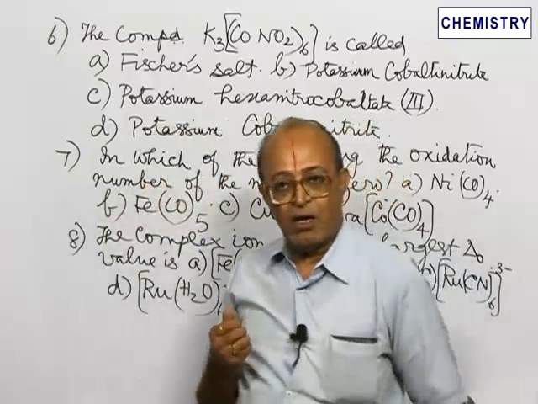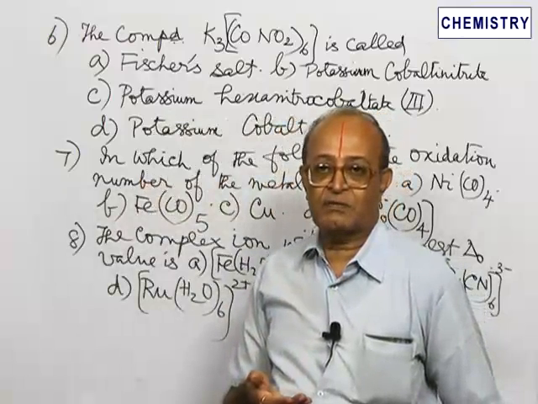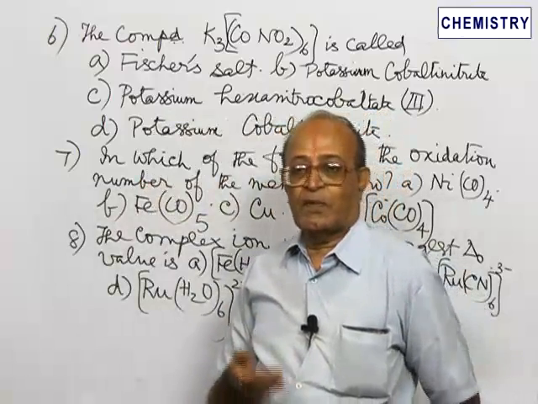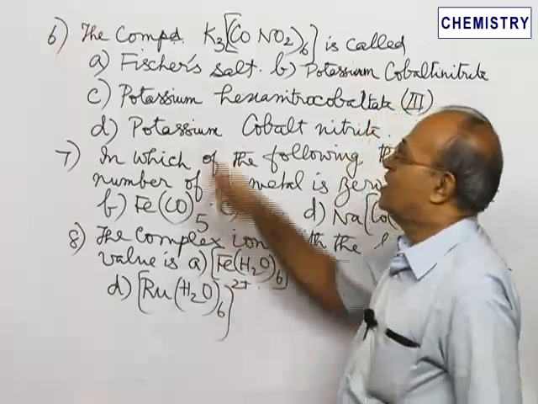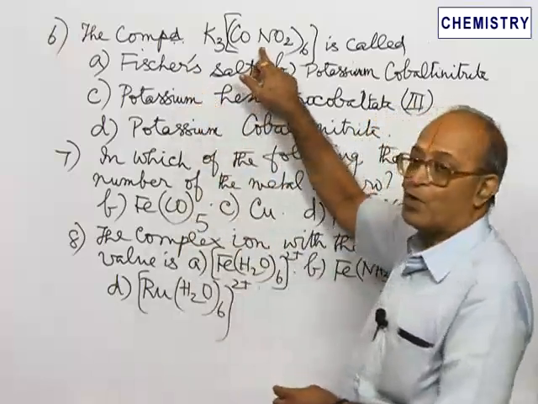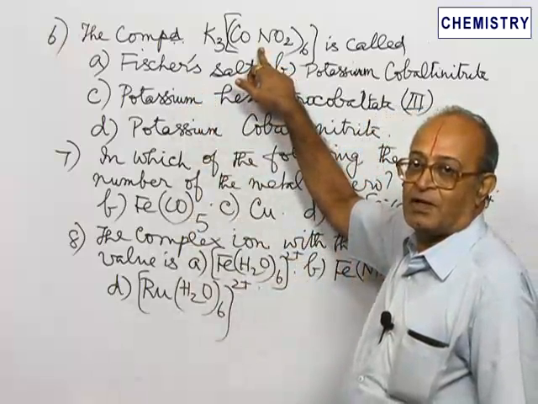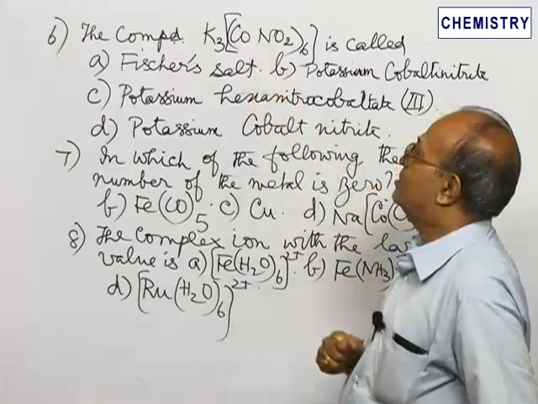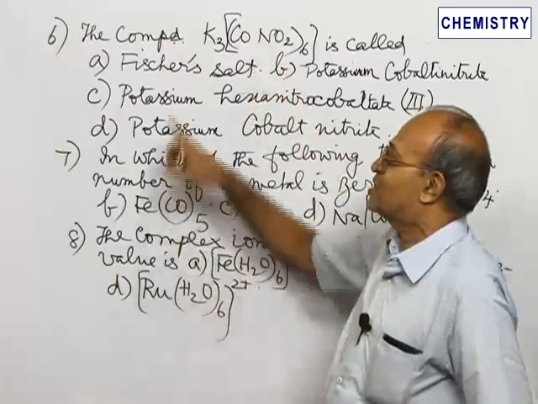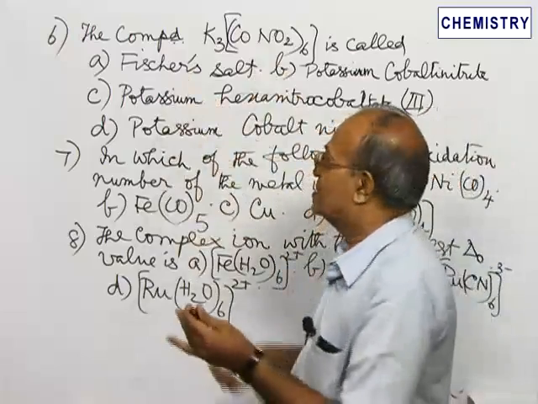Similarly, there are complexes which are named after the scientists. Now, let us see. Fischer's salt. This compound is known as Fischer's salt. So, the compound K3[Co(NO2)6] is called Fischer's salt. It is correct. A is correct.